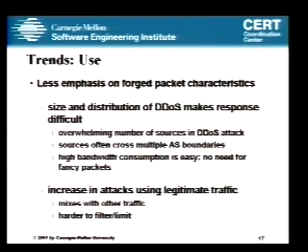We've also seen less emphasis on forged packet characteristics, IP spoofing, mangling different bits in the IP header. There's really no need to do so. Fancy packets just aren't needed to consume a lot of bandwidth, especially when you've got a couple of dozen or a couple of hundred agents from which you can originate those attacks. So the trend that goes along with that is the use of legitimate traffic to execute denial of service attacks.